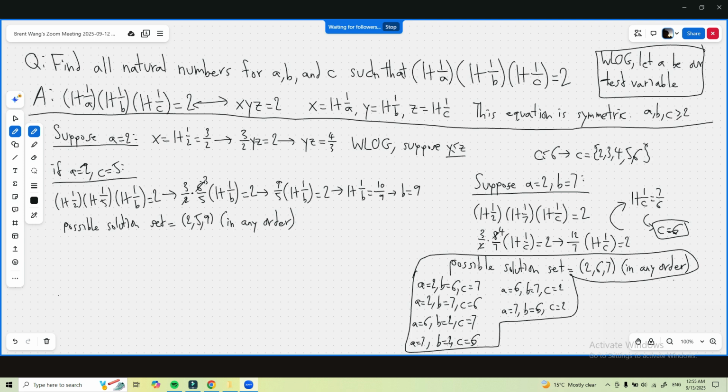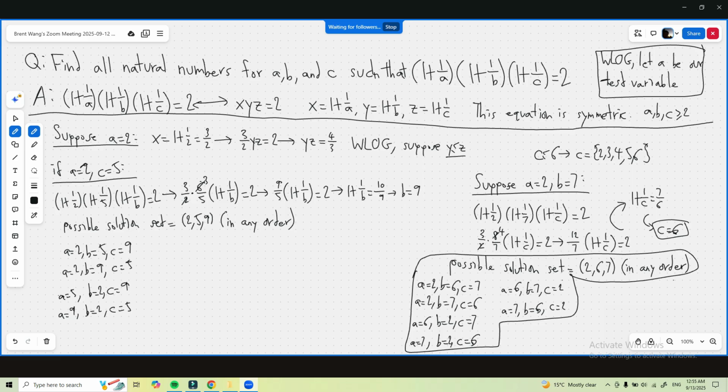So that would mean that a equals 2, b equals 5, c equals 9; a equals 2, b equals 9, c equals 5. If b were to equal 2, then a equals 5 and c equals 9; b equals 2, a equals 9, c equals 5.